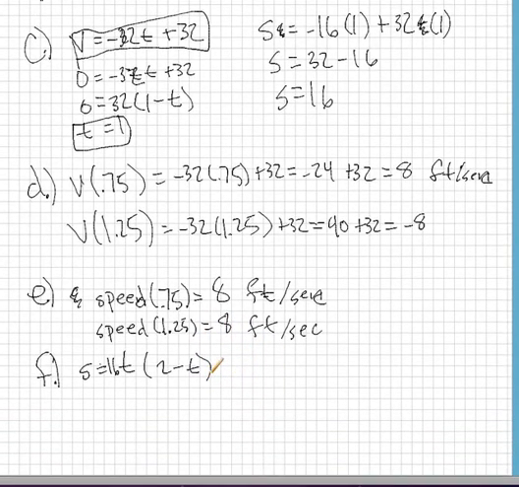So 0 is where we started, at position 0, and then at time 2, it's going to be at position 0 as well. If we plug 2 into our velocity equation right here, we're going to get the velocity at time 2 where it hits the ground again.